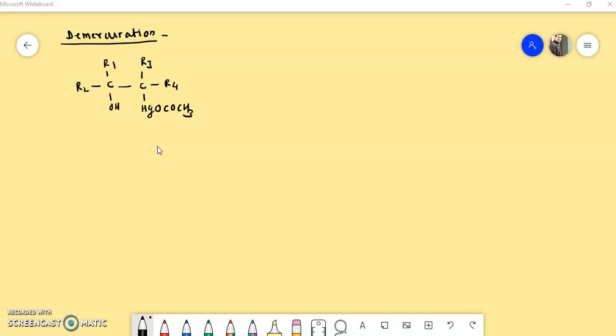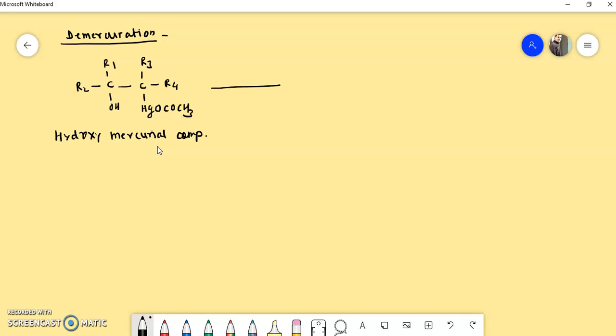This is the intermediate which is formed in the first step, that is oxymercuration. We know the name of this intermediate is hydroxymercurial compound.